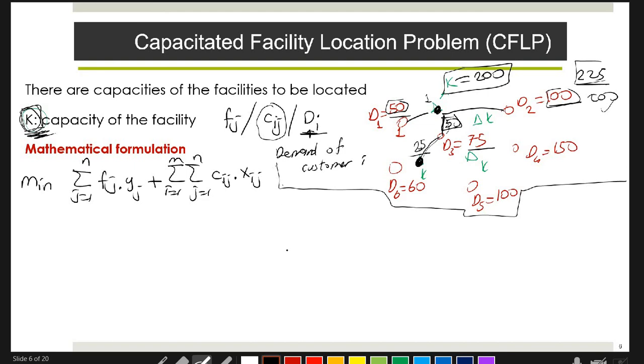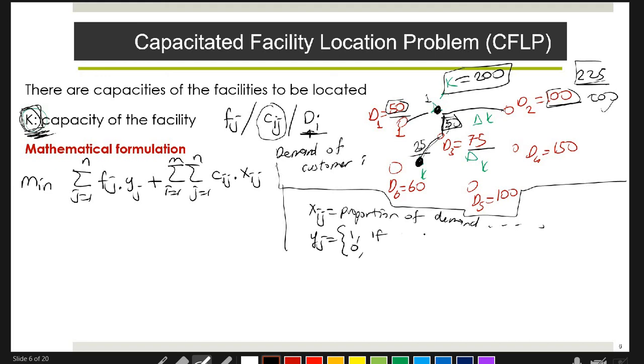We have Xij, okay, this is a continuous decision variable which shows the proportion of demand of customer I satisfied from facility J, exactly the same. And this Yj is a binary decision variable.